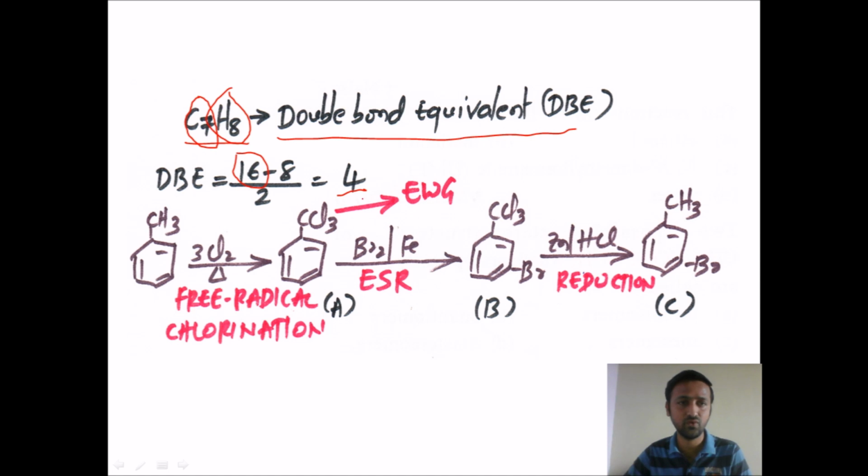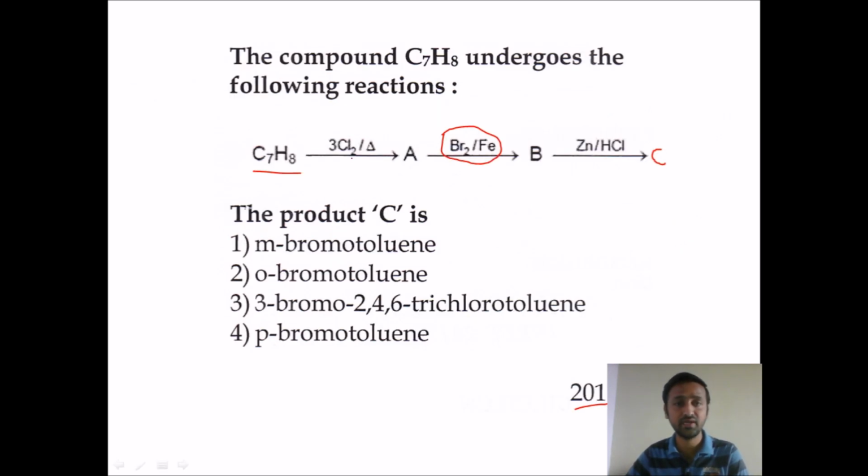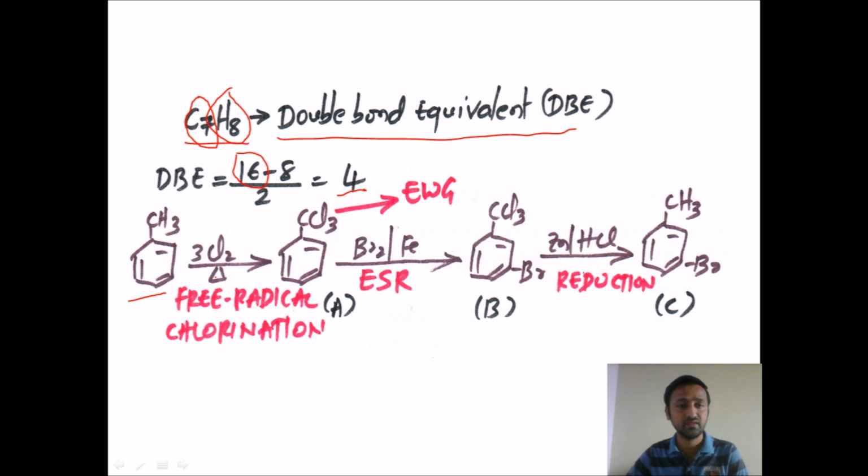With 4 double bond equivalents, you can easily guess by seeing the number of carbon and hydrogen atoms that the molecule should be toluene, or methyl benzene. So we have taken C7H8 as toluene. Starting with toluene, the first reaction is chlorination in the presence of heat.